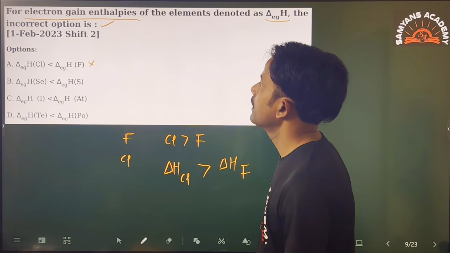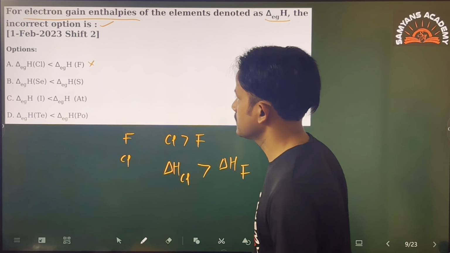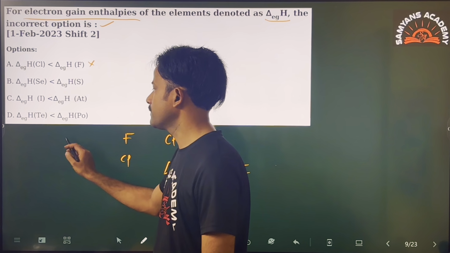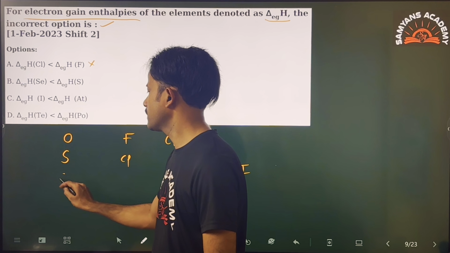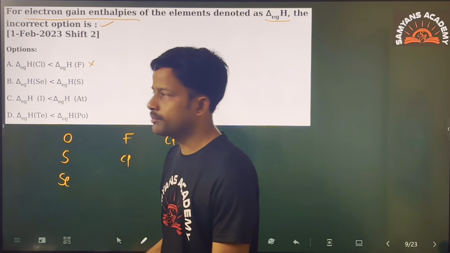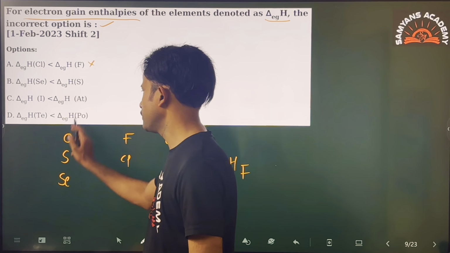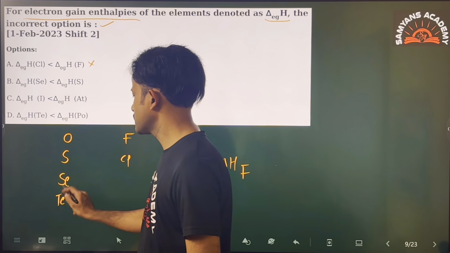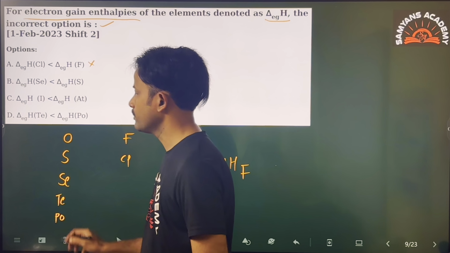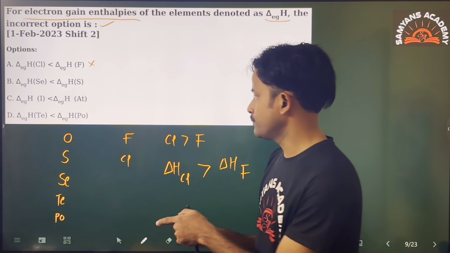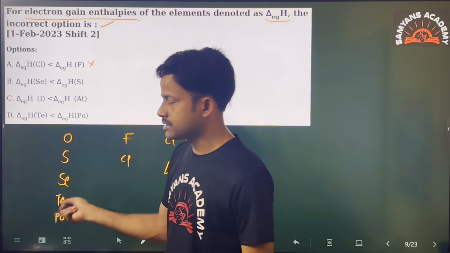Next, you have to select the incorrect option. This is the only incorrect option. Now you see oxygen, sulfur, selenium, tellurium, polonium, like that it will come. These elements belong to the oxygen group, right? That is the sixth group.